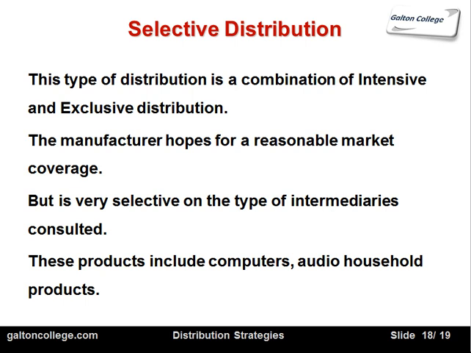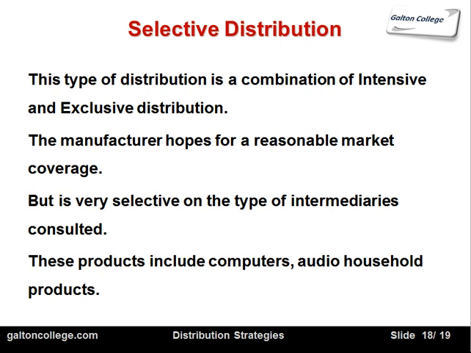So those are the three types we wanted to consider. Intensive: cheaper products, very wide-ranging market, large number of outlets, for example newspapers or bread. Then we had the more exclusive, which is based on brand image, restricted number of outlets, restricted number of intermediaries dealing with this product, and customers are willing to travel to get it, so that's exclusive.